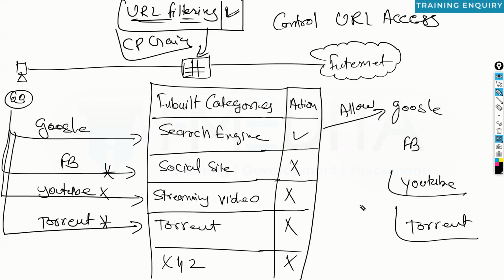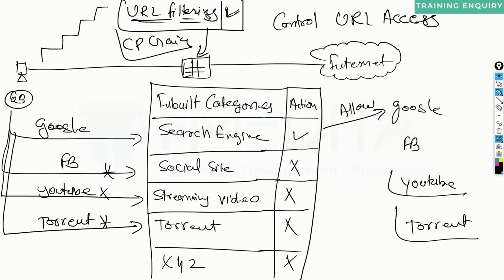And if the user is not able to access that site, then we can say the user will not be able to download the data from that particular site. So we are increasing the security of our network.